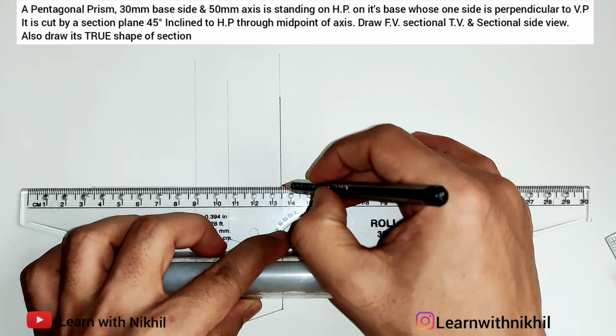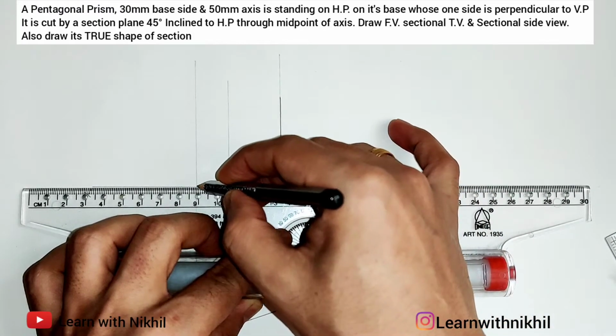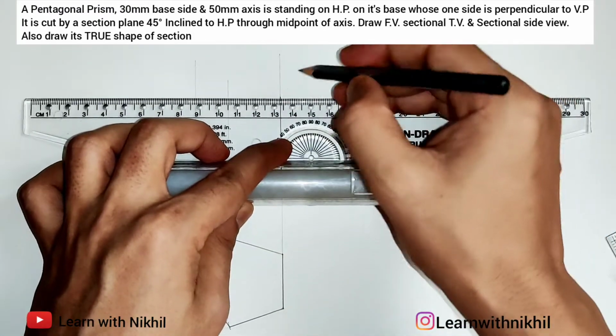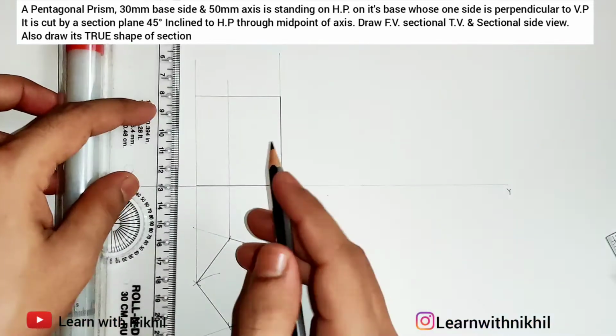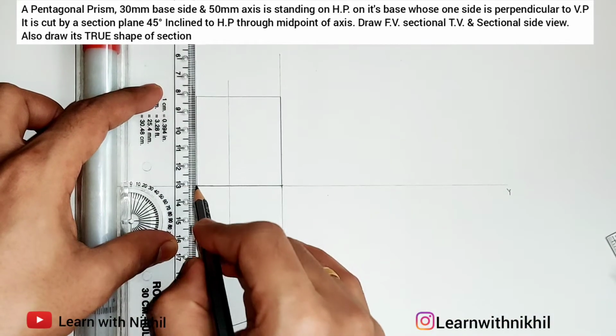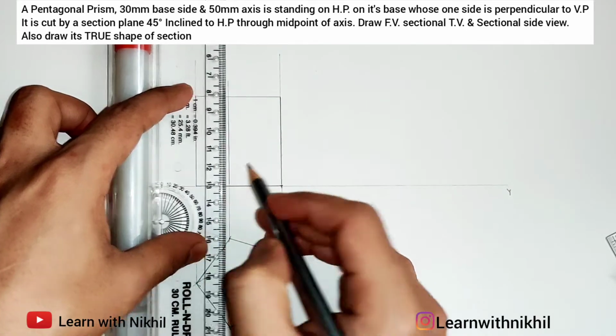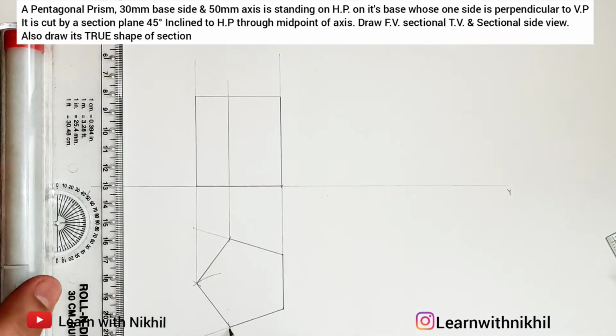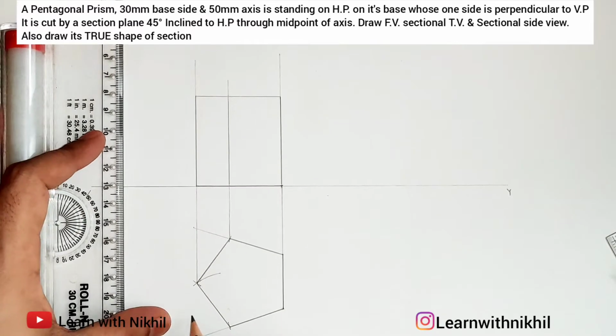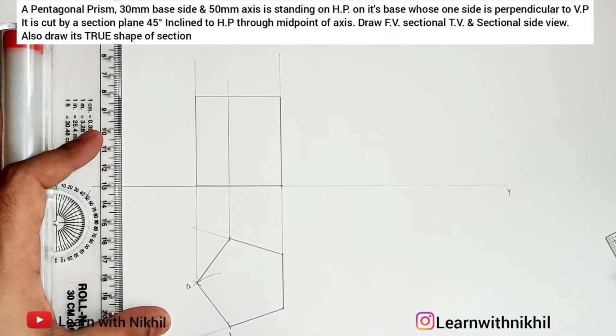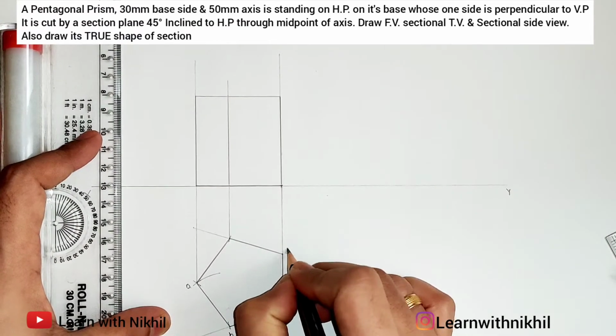Now we'll draw the perpendicular line from here and parallel line from here. So this is the rectangle shape of the pentagonal prism. This line will also be dark, as this is one of the edges of the prism. Now marking these points as A, B, C, D and E.